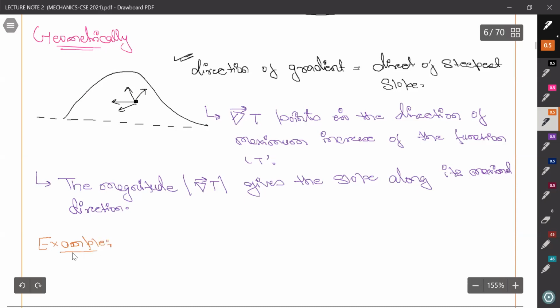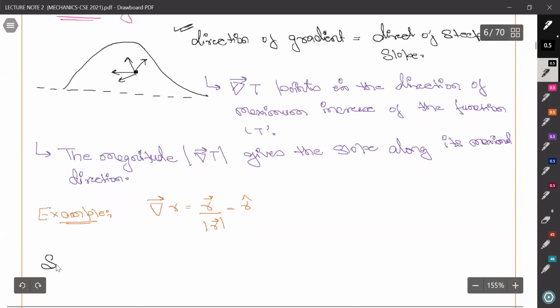For example, let's solve one thing. We find the gradient of r as r vector upon mod r. We have to prove this.